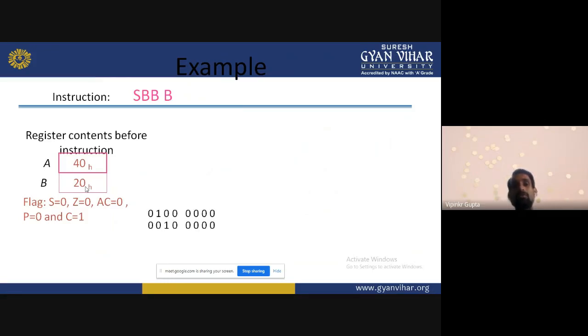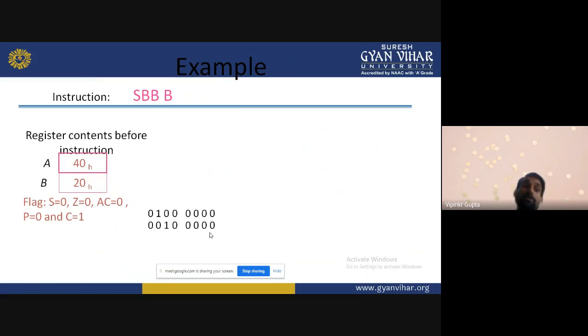Now we are converting these numbers into binary numbers. So 40 equivalent is 0100 0000. 20 is the equivalent of 0010 0000.